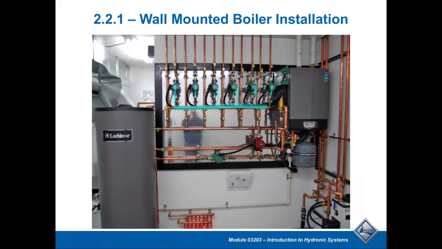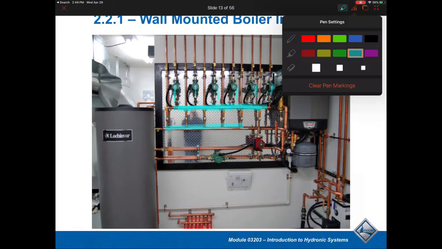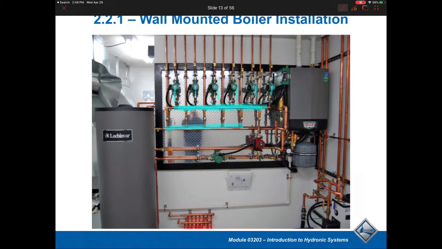Now, one thing I do want to point out, you'll notice that they have a very large common header shown in here, and also there's another header down here. But the point I want to make is because all these pumps are pulling from this header right here, every single one of those circulating pumps has got to have some sort of a check valve.